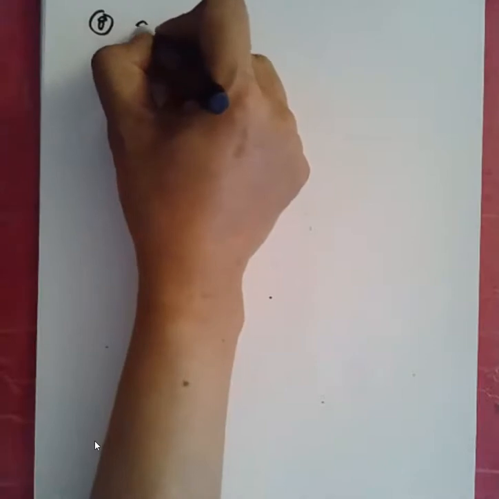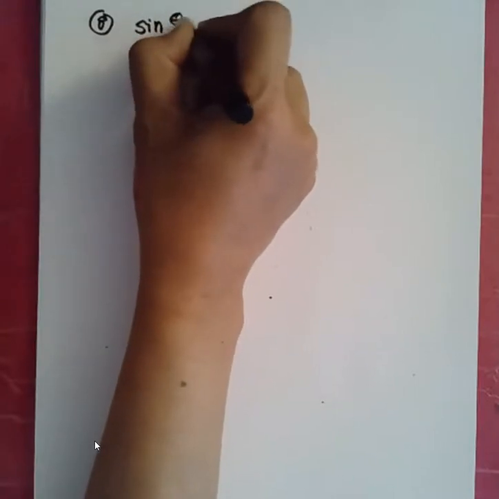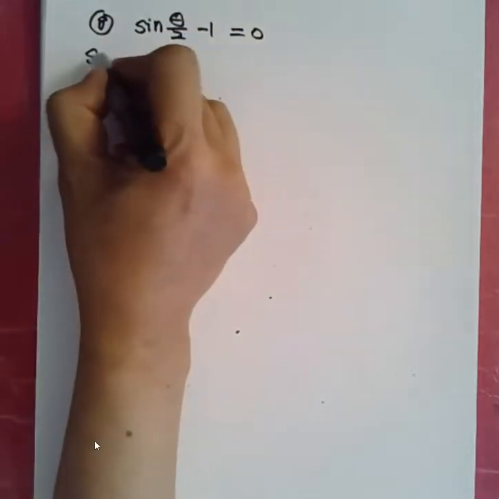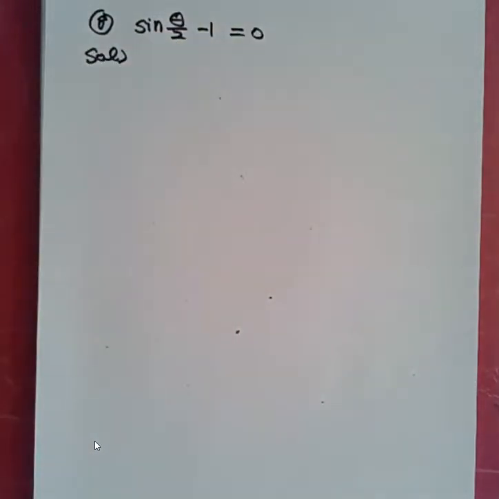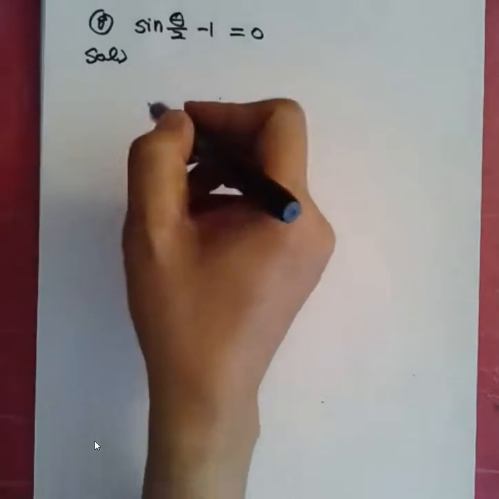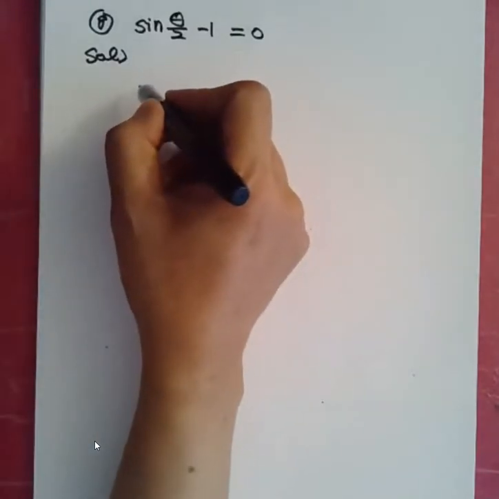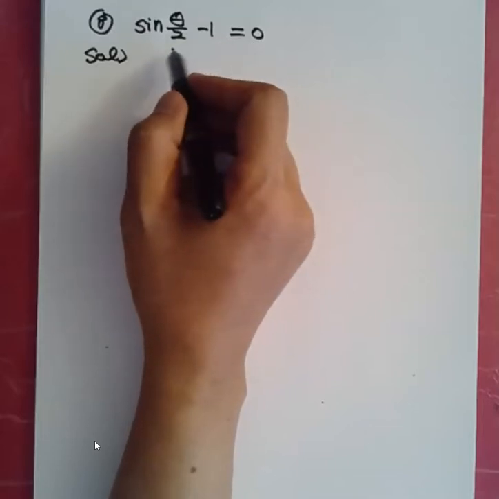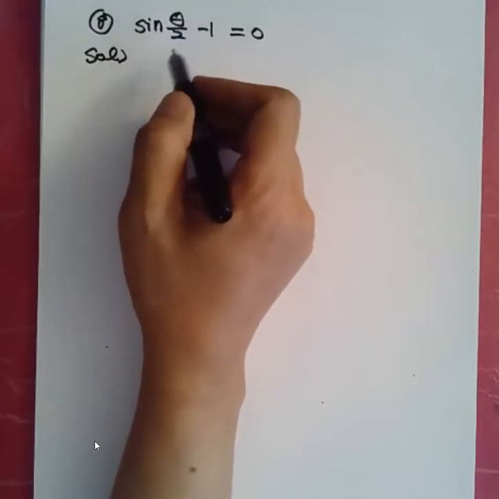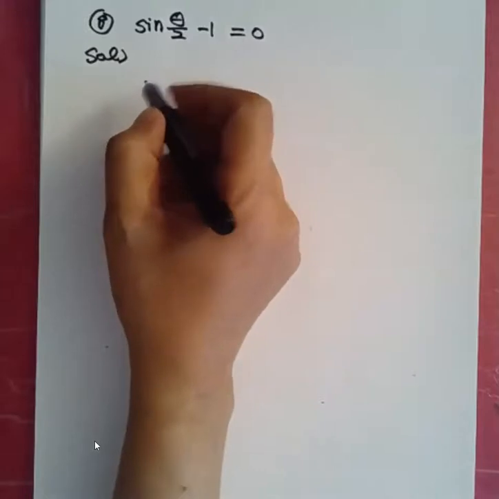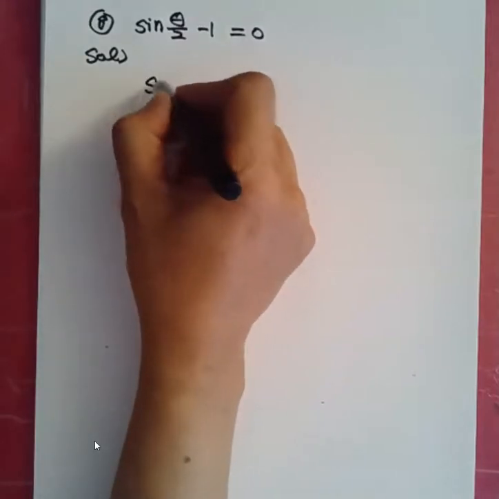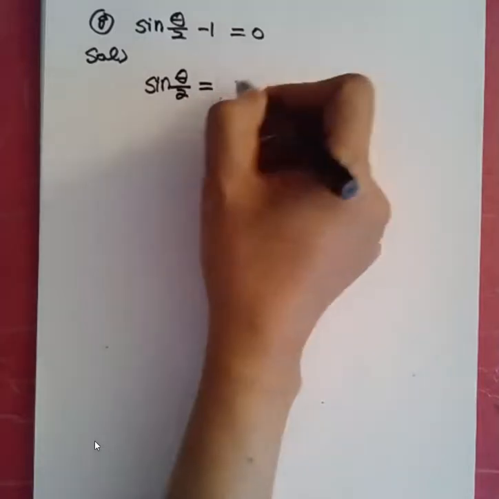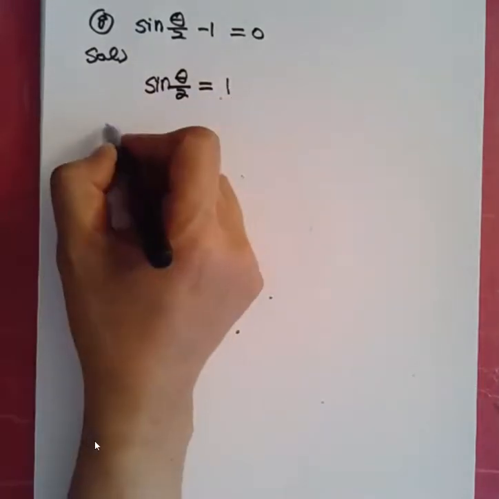The next problem is sine of theta over 2 minus 1 equals 0. The pattern of problem is slightly different because the angle is half angle. Let's solve for sine of theta over 2, then that becomes 1.